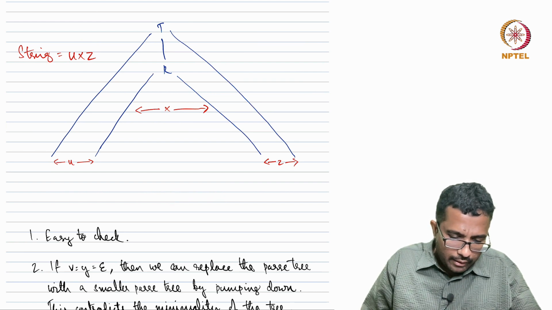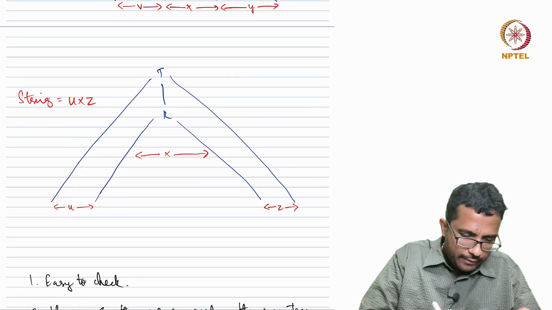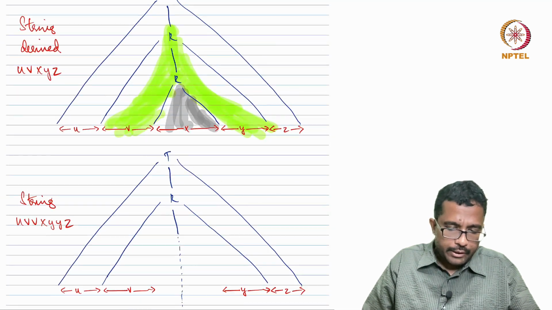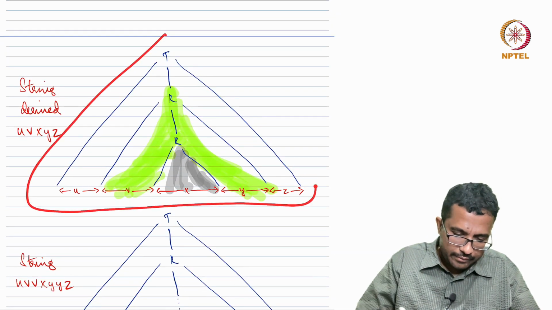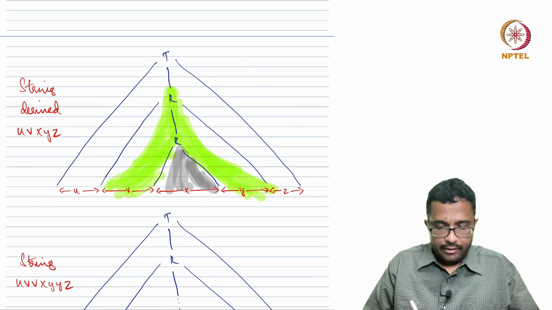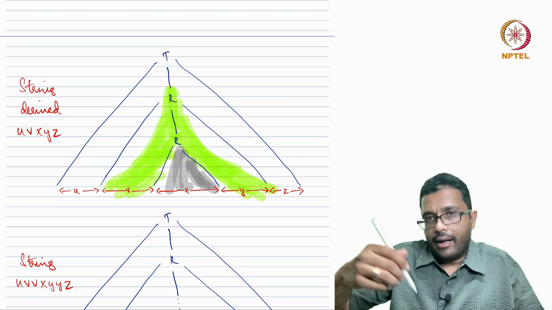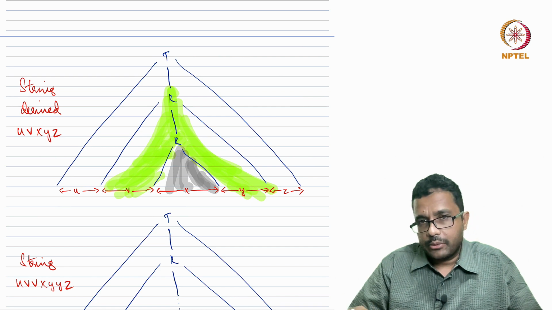So now, this parse tree that I have drawn here is a simpler way to derive the same string. This is a bigger parse tree because it has to allow r to derive itself and so on.